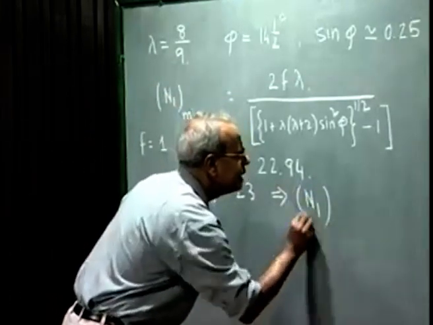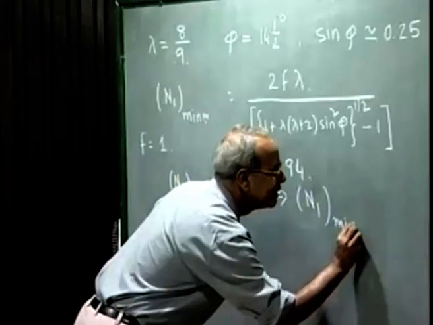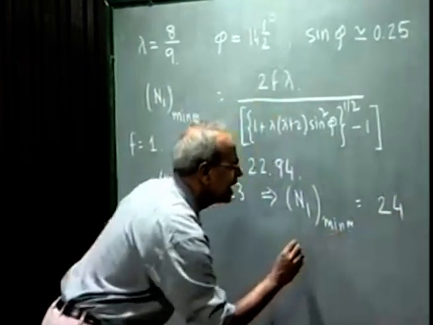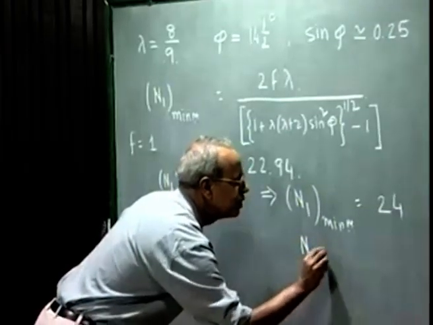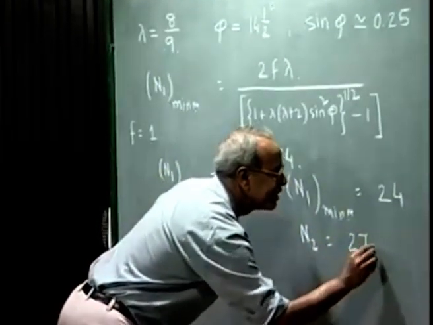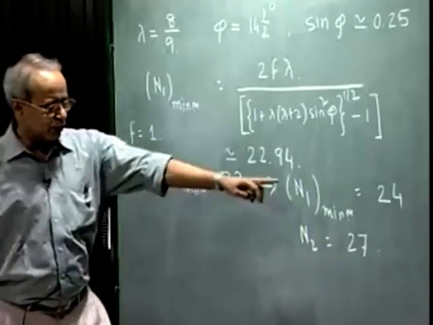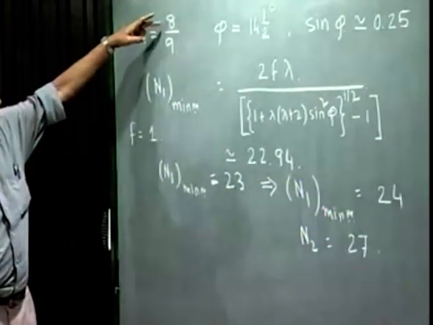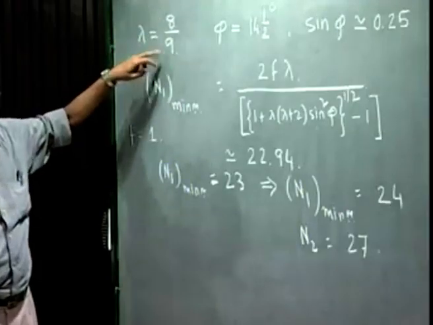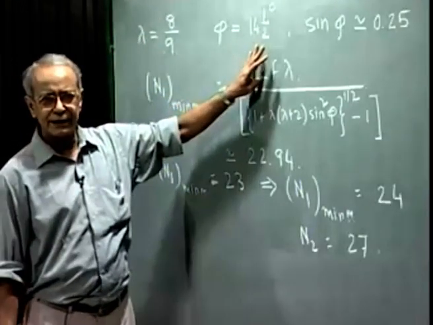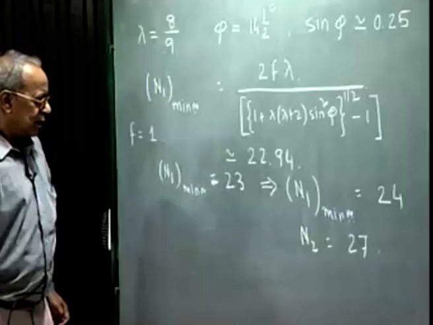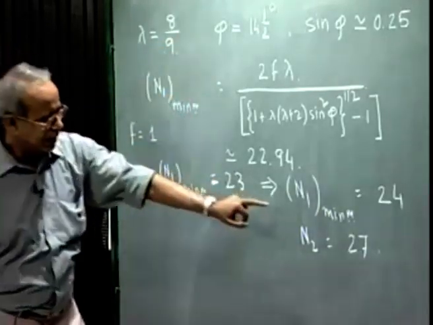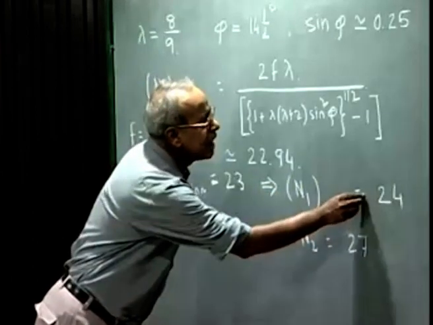So, N1 minimum is actually 24 and corresponding N2 is 27. So, if I use 24 and 27 teeth, I can maintain a constant angular velocity ratio of 8 by 9 without interference. So, this is what we mean by minimum number of teeth to avoid interference.